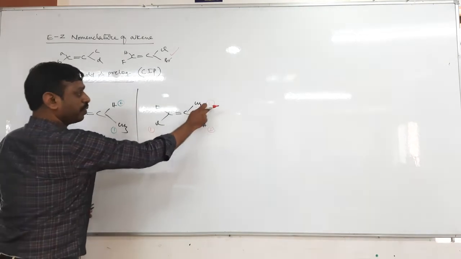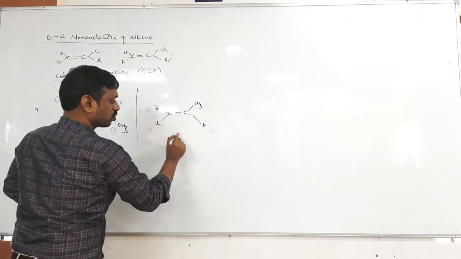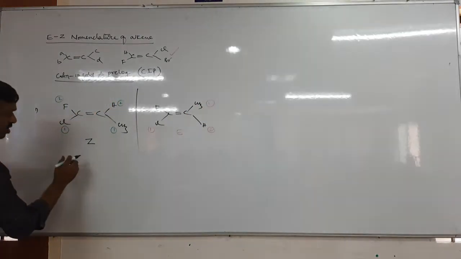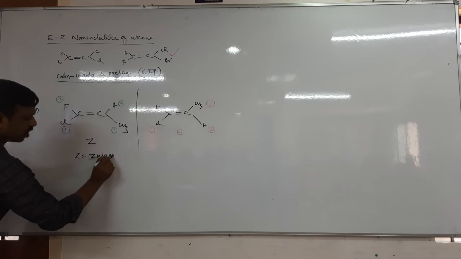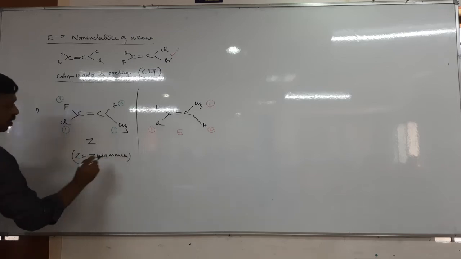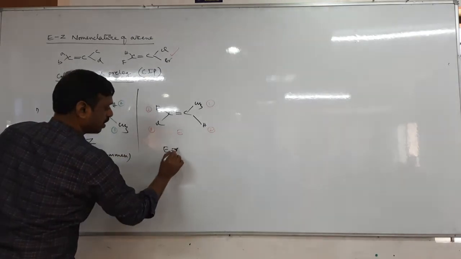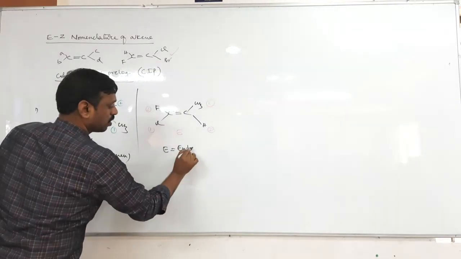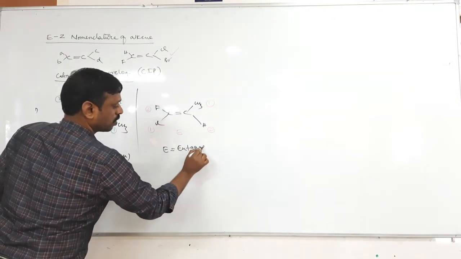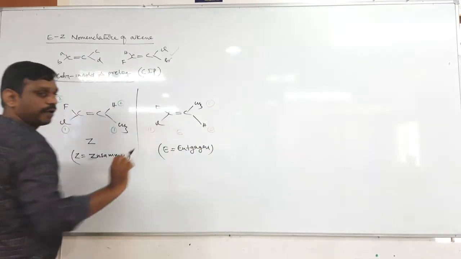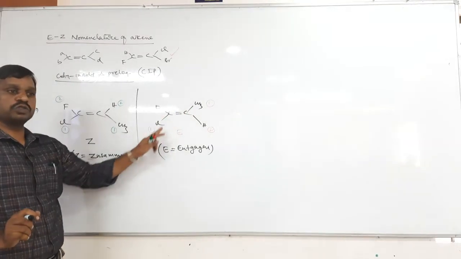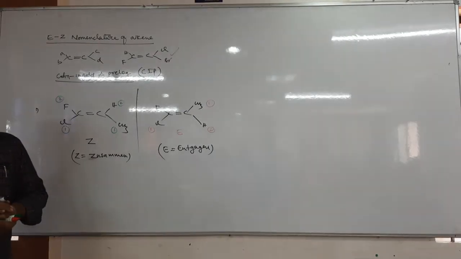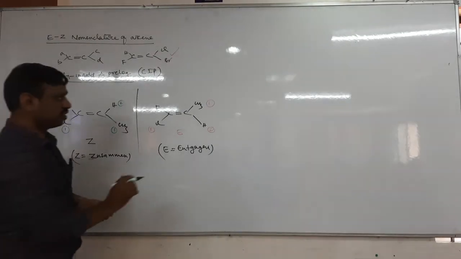Then the same priority groups are opposite, which is called E. Z is called Zusammen, and E is called Entgegen. So remember, E means opposite: priority groups on opposite sides is E. This is the first rule. Next, second rule.